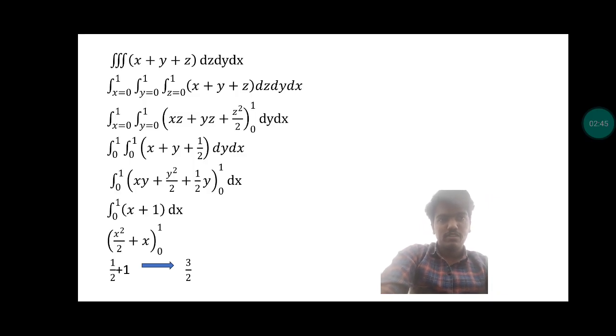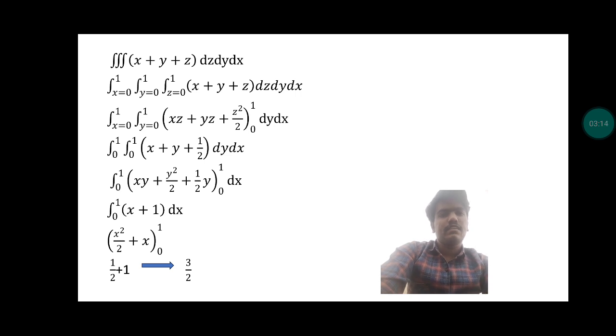Coming to the solution, in the triple integral of (x + y + z) dz dy dx, substituting limits to the integrals: x equals 0 to 1, y equals 0 to 1, z equals 0 to 1, (x + y + z) dz dy dx.